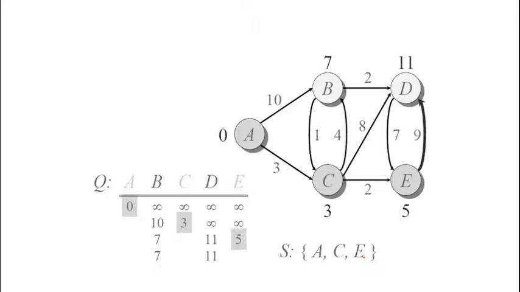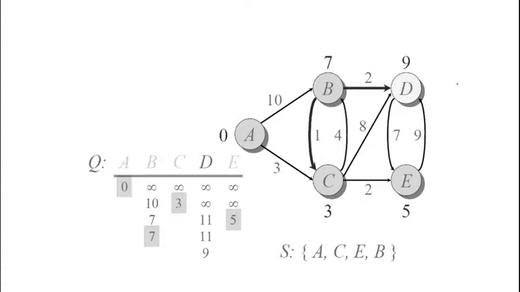And finally, we update again, still A, C, E. And for the 7, this is actually the minimum A to B. In order to go to B, you have to go A to C, C to B, not A directly to B. After that, 6 here: A to C, 3, C to B, 7, and B to D. So A to C, then C to B, which is 7, and B to D is the minimum.